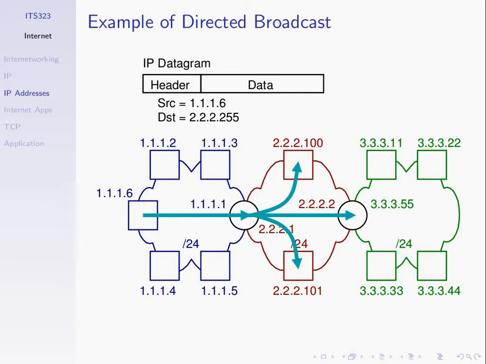Let's see how it works. Unicast is the normal mode of operation: send from one source to one destination. That's what we normally do, one-to-one.